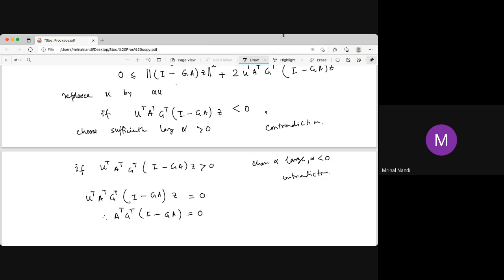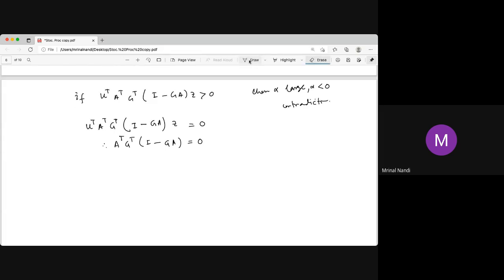Then what happened? Then A transpose G transpose minus (GA) whole transpose into GA equal to 0. So just taking the right side, this equal to this. A transpose G transpose equal to GA whole transpose.